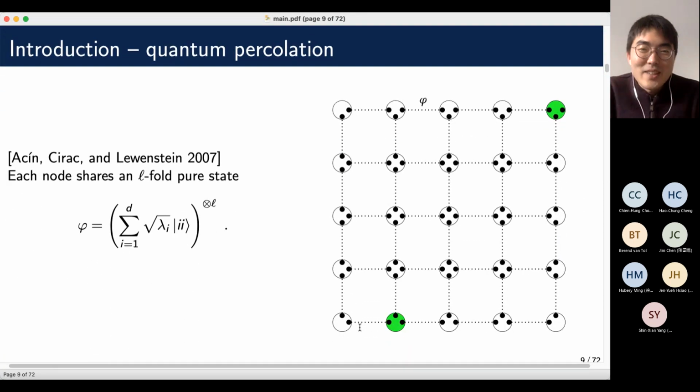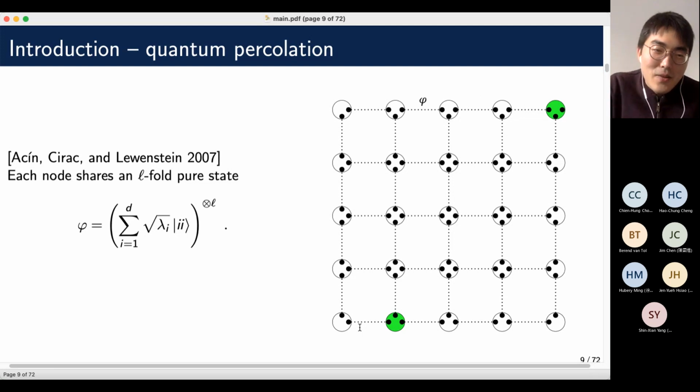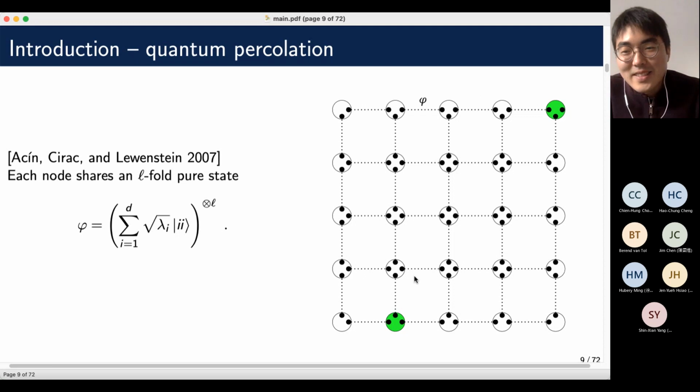Another example I would like to mention is quantum percolation, by work by Acín, Cirac, and Lewenstein. So here they considered a 2D lattice structure, and in the lattice, every edge represents some shared state, phi, and these phi's are not maximally entangled states.